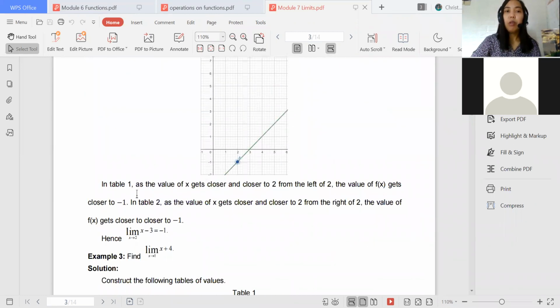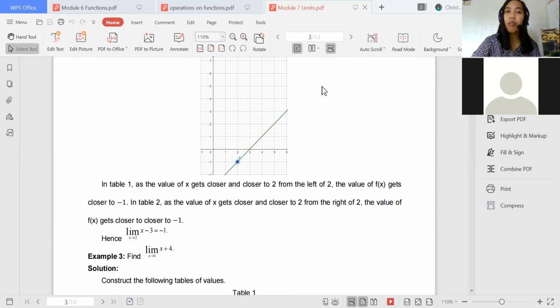Okay, so in table 1, as the value of x gets closer and closer to 2 from the left of 2, the value of f of x gets closer to negative 1. Habang ang value ni x papalapit kay 2, ang value ni y ay lumalapit kay negative 1.